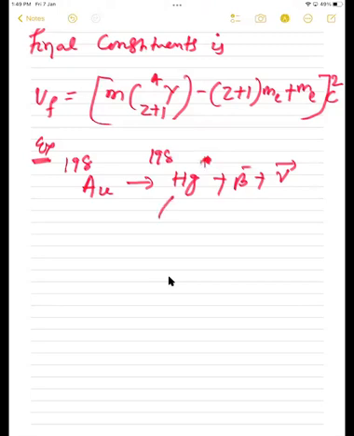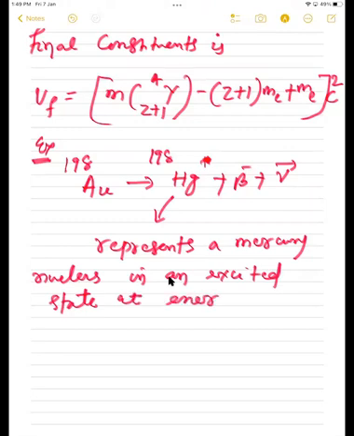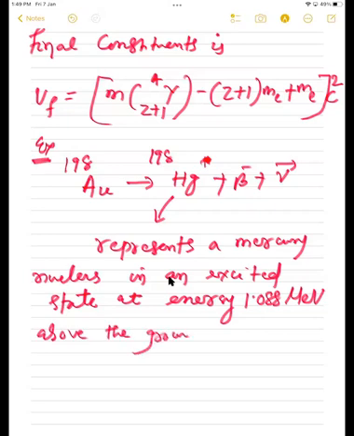What does the star on mercury 198 mean? It represents the mercury nucleus in an excited state, at energy 1.088 MeV above the ground state.